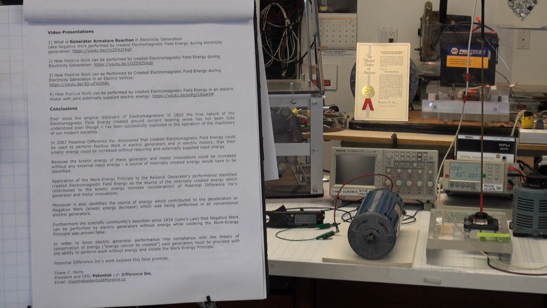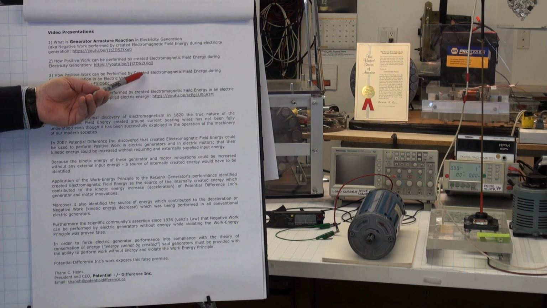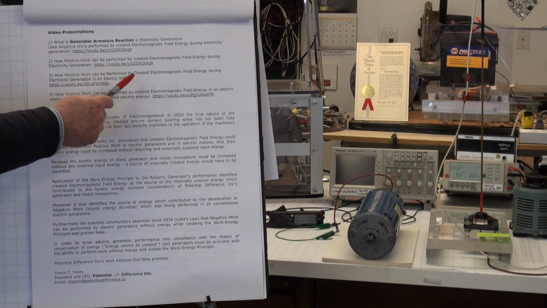So there's 3 video presentations in the description section. What is generator armature reaction? How generator armature reaction can be reversed, how the negative work can be turned into positive work by introducing a load current delay into the generator performance, and how positive work can be performed with, again, using the term created.